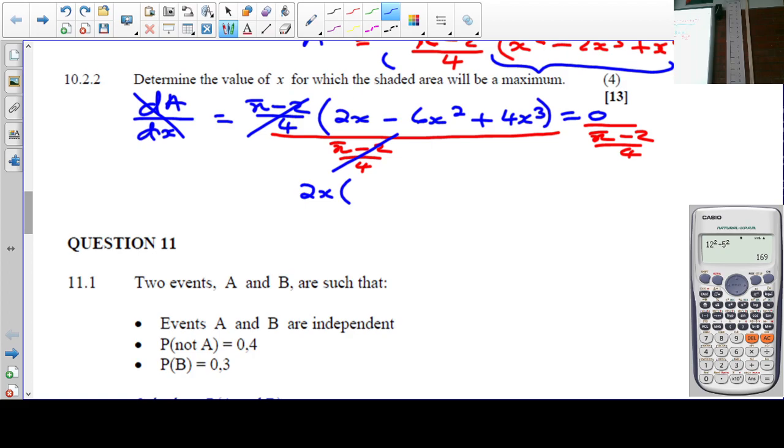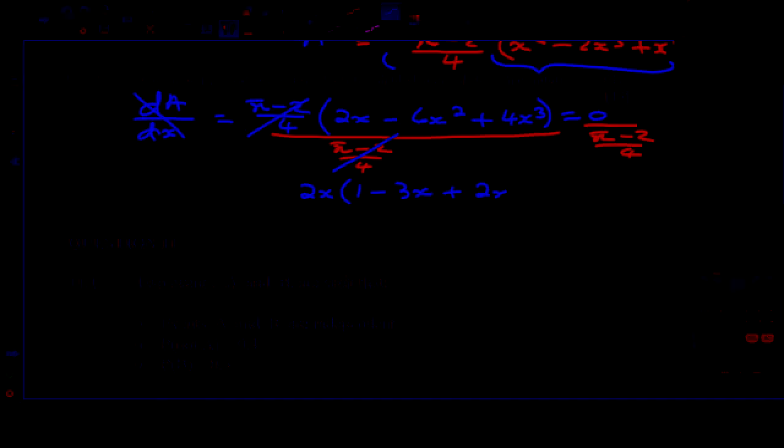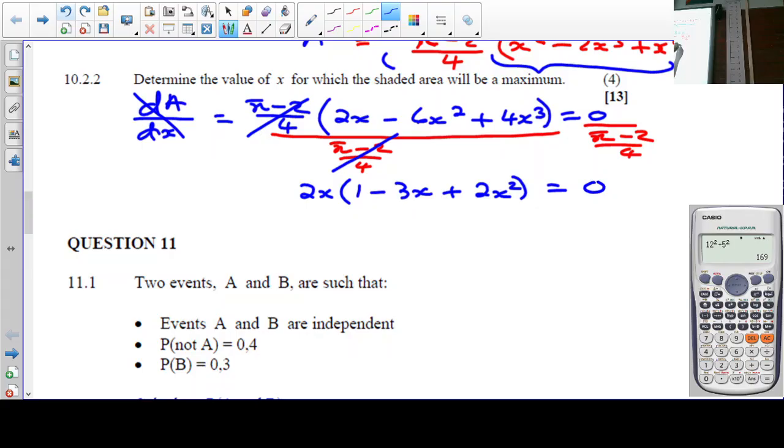I'm then left with 1 minus 3x. I'm not factorizing this here. 2x is a common factor, so it's 1 minus 3x plus 2x squared equals 0. So I say that is equal to 0 or that's equal to 0.